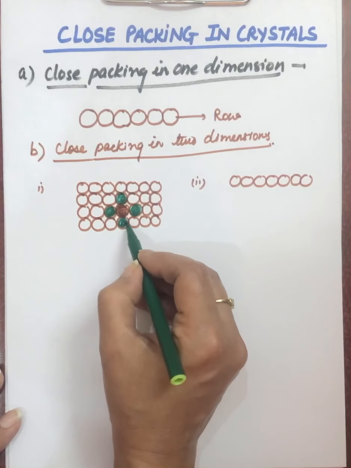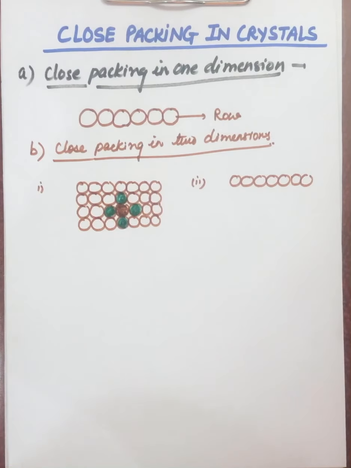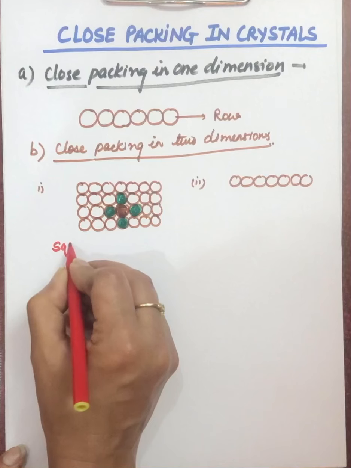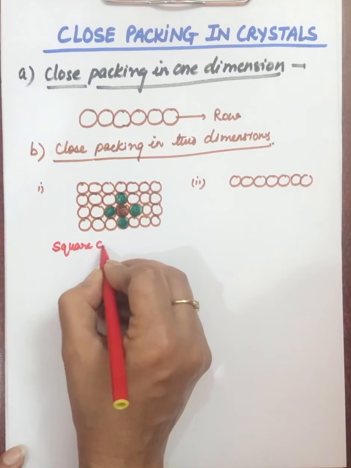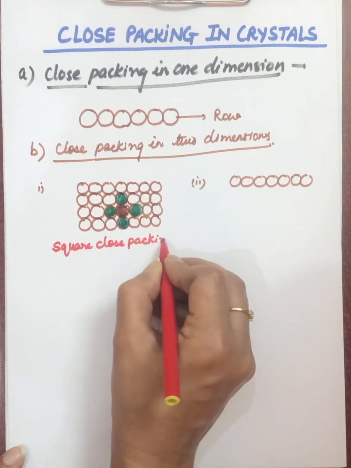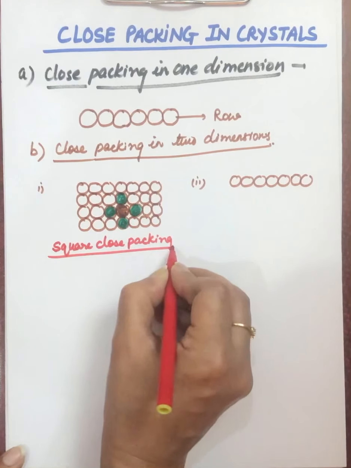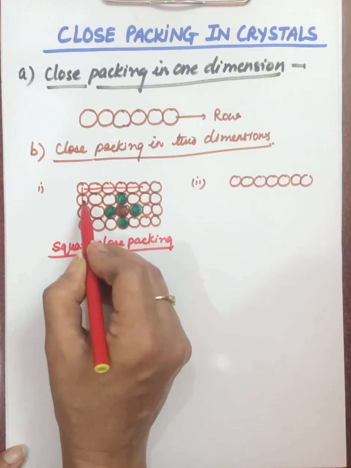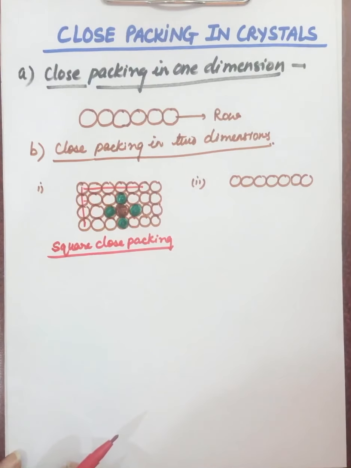Total 4 particles are touching this one particle. So this kind of arrangement that we'll get is called square close packing arrangement. The particles of the rows are vertically aligned and they are horizontally also aligned to each other.